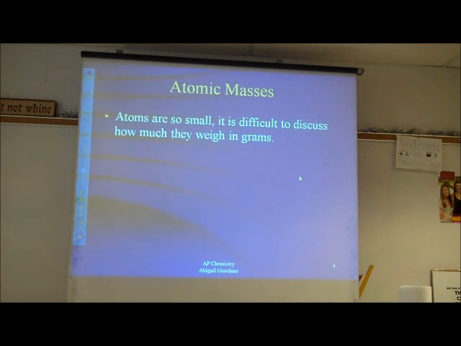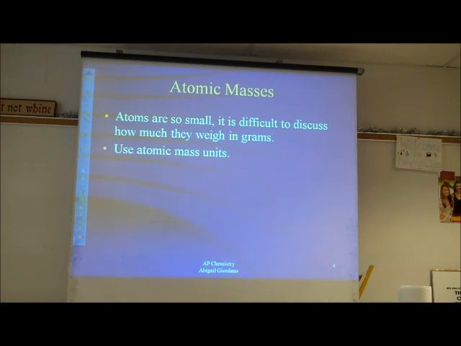Alright, now I want you to look at your periodic table, which hopefully is out. Within the box for every element, you've got your atomic number, which is the big number, but you have the number with all the decimals. That is your atomic mass. And ladies and gentlemen, that is the mass of one atom of that element.